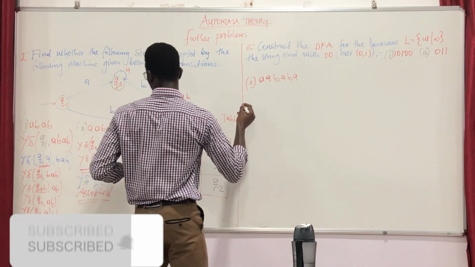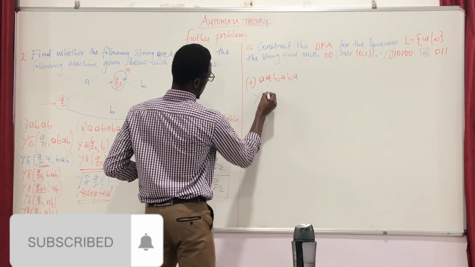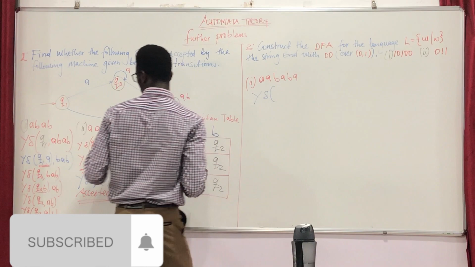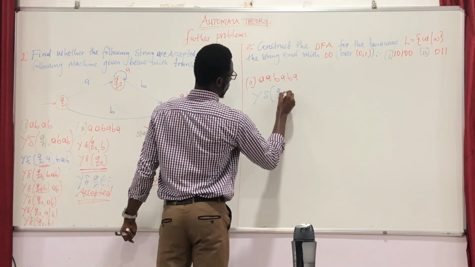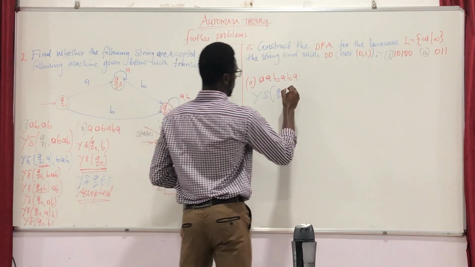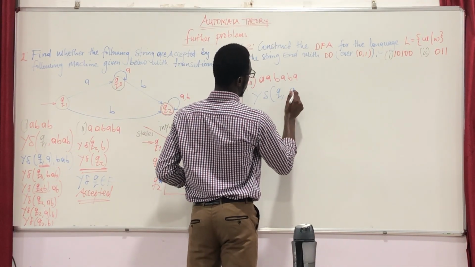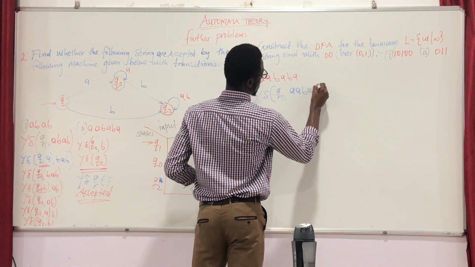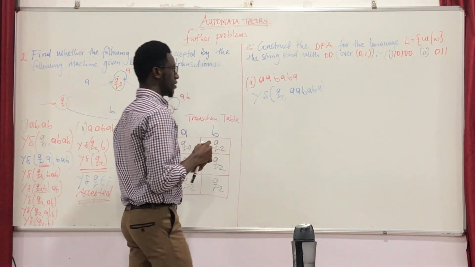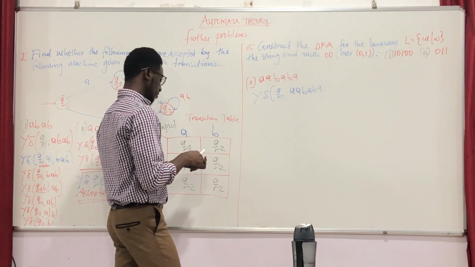We say transition of this from Q1, comma, then our string A, B, A, B, A.